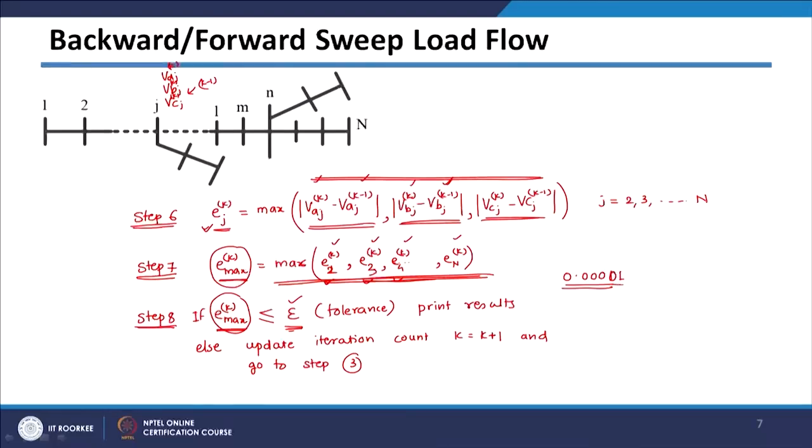If you are using per unit system, this will be sufficient, and if the error is lesser than this tolerance value, you can say you have converged with algorithm, print the result, otherwise update the iteration count and go to the step. So, you will be in this loop till your algorithm converges.